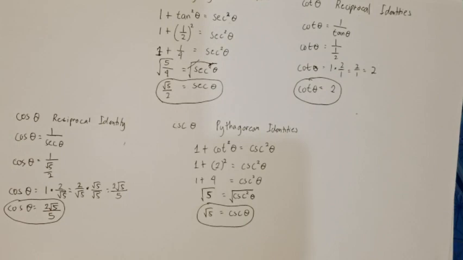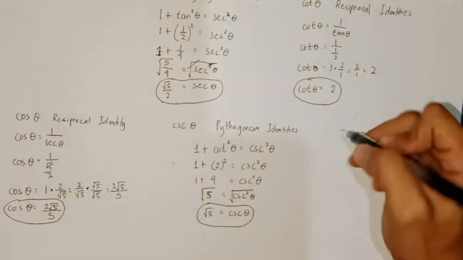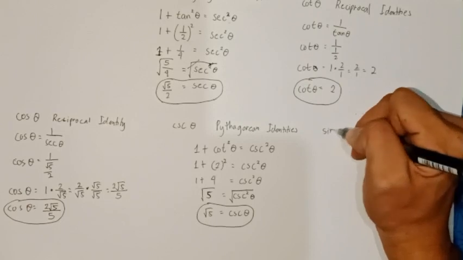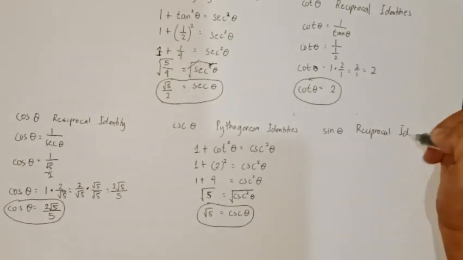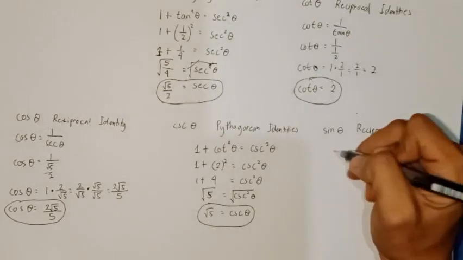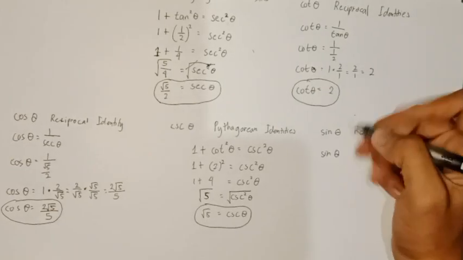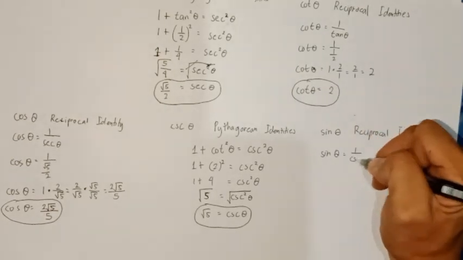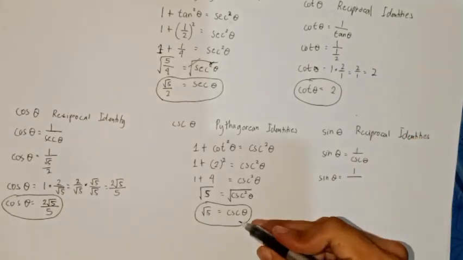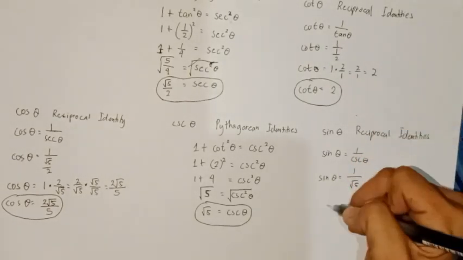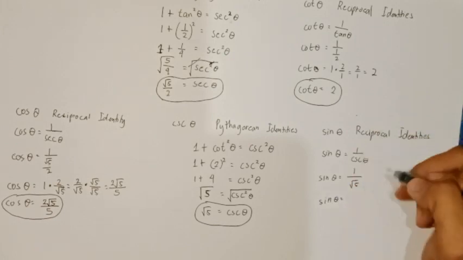Now, the last one is the sine theta. Since we already have the cosecant theta, we can now find the value of sine theta by using reciprocal identities. So sine theta is equal to 1 over cosecant theta. So sine theta is equal to 1 over the value of cosecant, which is square root of 5.